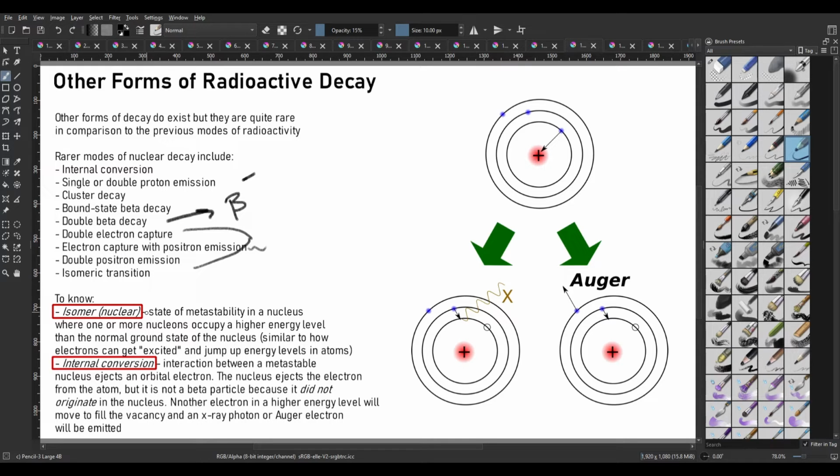So a nuclear isomer is describing a state of metastability in a nucleus where one or more nucleons occupy a higher energy level than the normal ground state of the nucleus. A single nuclear isomer is what this is describing as the higher energy nucleon. This is similar but not the same as how orbital electrons in atoms can get excited when they absorb a photon and jump up those energy levels, their shells here.